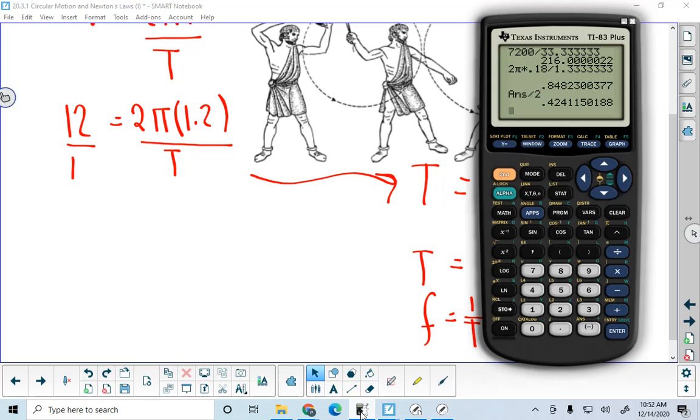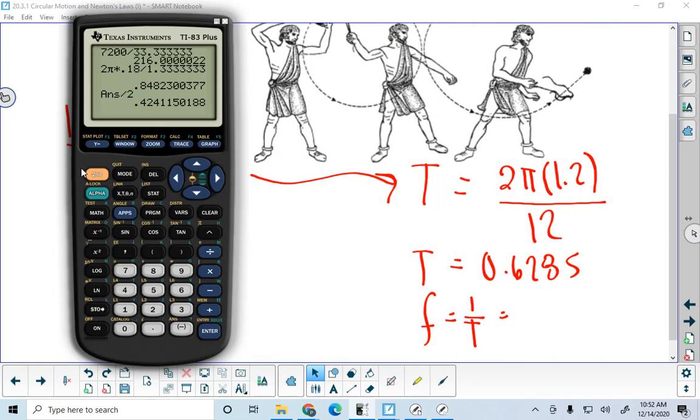We'll find out. So there's the period. 1 divided by it gives you 1.6 hertz.